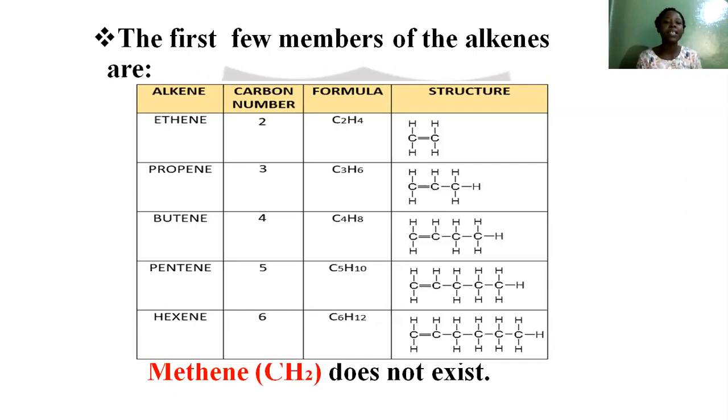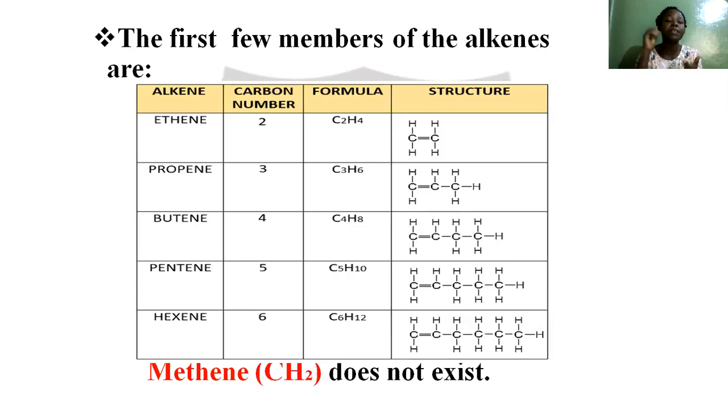Propene has 3 carbons, so the molecular formula is C3H6, because 3 times 2 is 6. So you see the structure there. Butene is 4 carbons, you have C4H8, 4 times 2 is 8, all the way to hexene. Like I mentioned before, methene does not exist, because there is nowhere you can put the double bond.